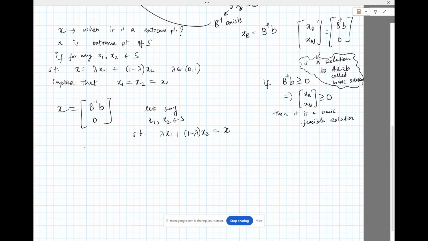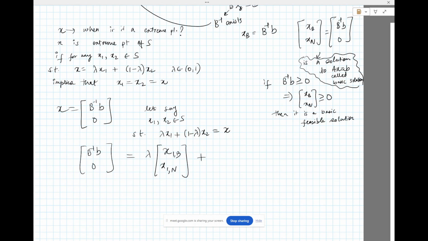So we're basically saying [B⁻¹b; 0] is equal to λ times x1, let's say [x1B; x1N].